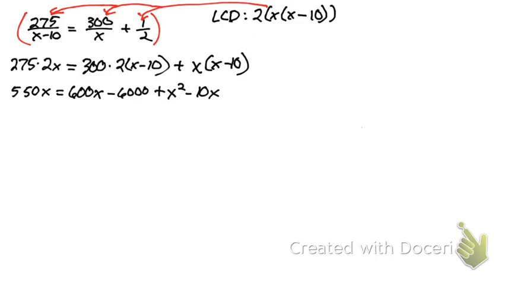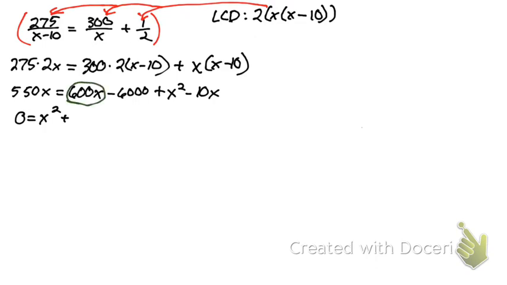Now we have that x squared, so we're going to get all of our x's on the right-hand side so I can keep x squared positive. So we're going to subtract 550x from both sides. So we're going to have 0 equals, I'm going to move the x squared out front. Then we're going to have plus 50, I almost forgot about this guy.